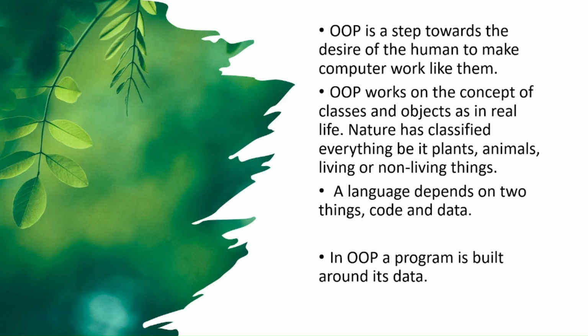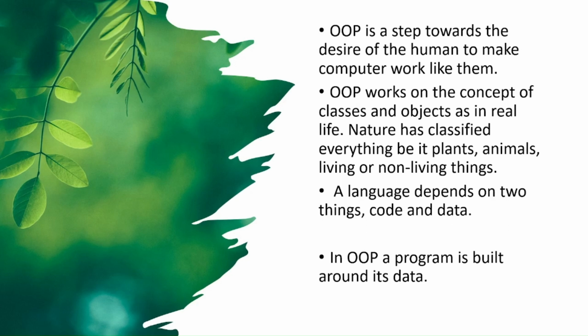So it is a step towards the desire, as I said earlier, of the human being to make computer think like us, like human intelligence. But as I always say, it is very difficult to replace human intelligence with AI. It's not that easy, but yes, it can be done. So object-oriented works on the basically the concepts are classes and objects, and nature as we see all around is classified.